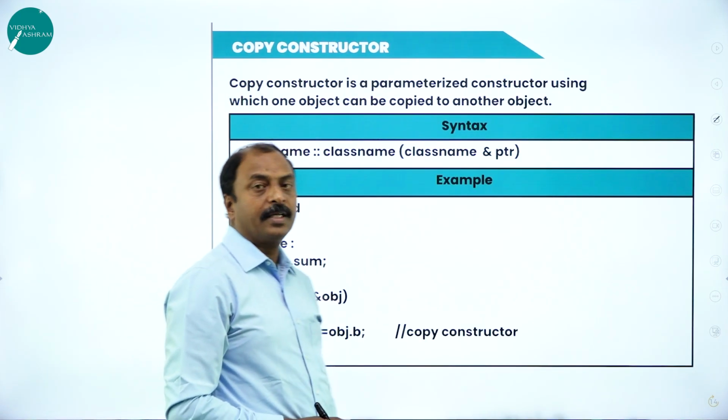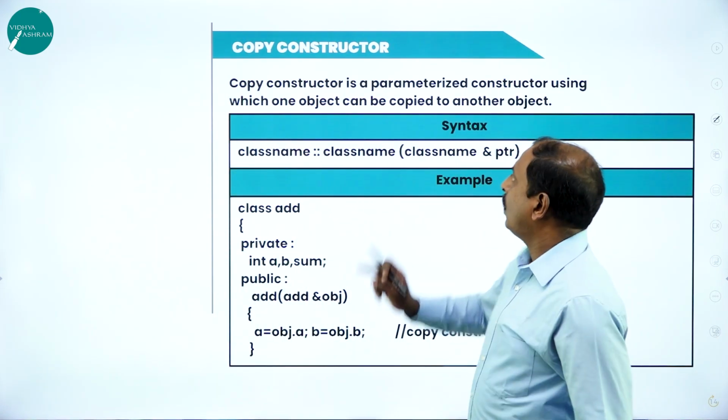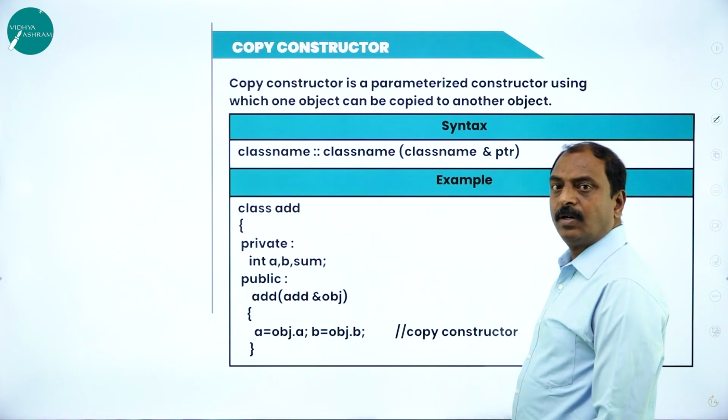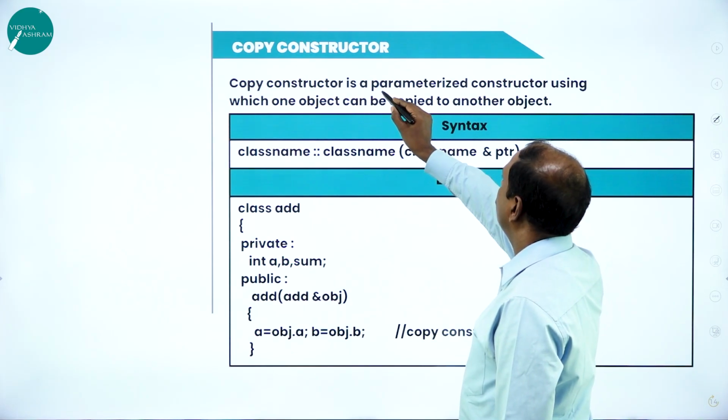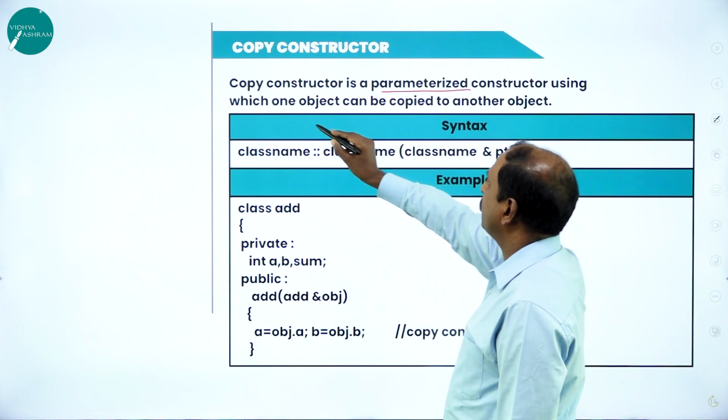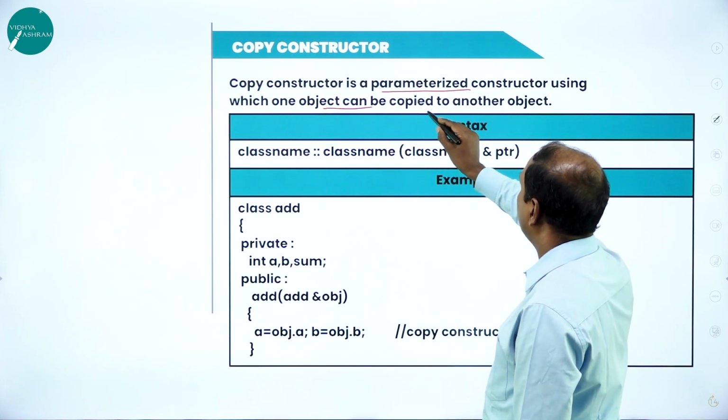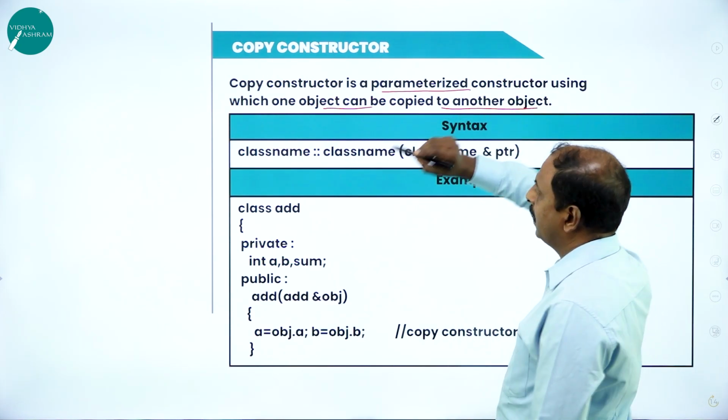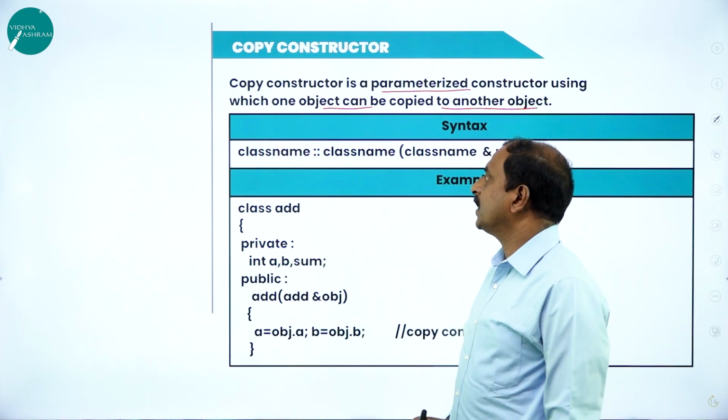Next is another type of constructor, the copy constructor. So what is a copy constructor? It is a parameterized constructor using which one object can be copied to another object. That is the definition of a copy constructor.